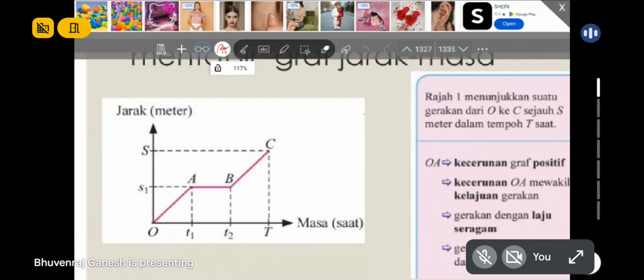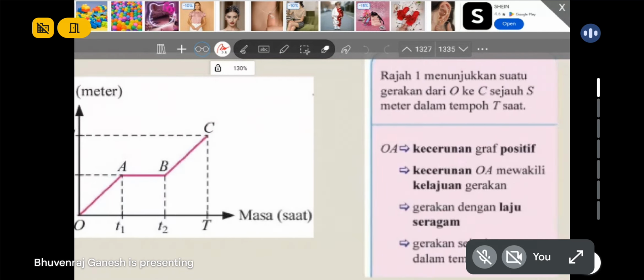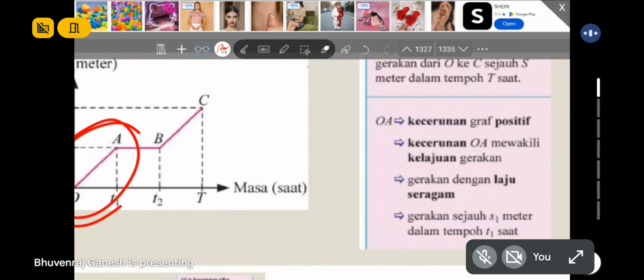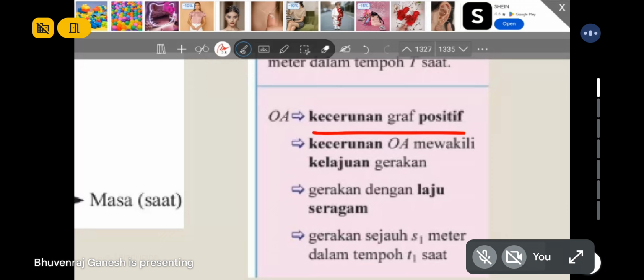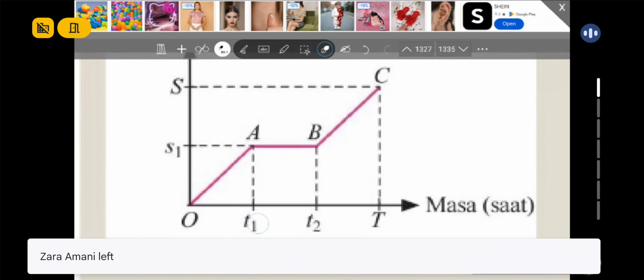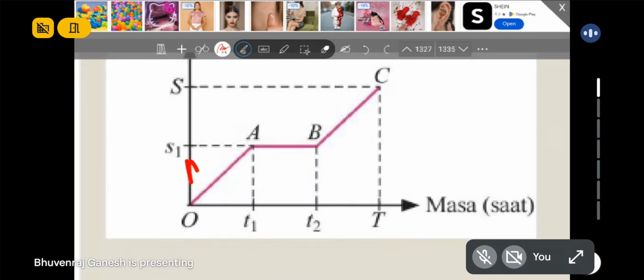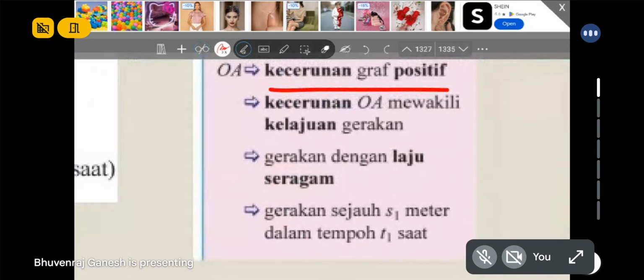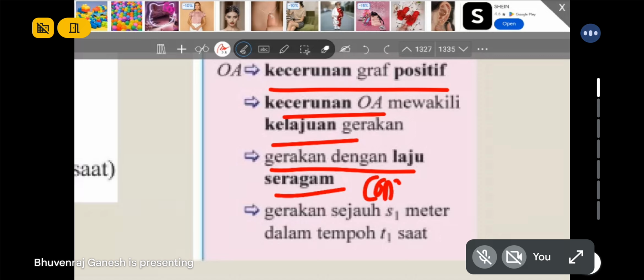Some other things that you guys need to know. Now you guys focus on OA, guys. Now we talk about OA. For OA, the gradient is positive. This one you all agree. Keturunan dia kat sini positive. So M equal to positive. This is what you can interpret. And then the gradient represents the speed. Keturunan mewakili kelajuan and it is a constant speed.